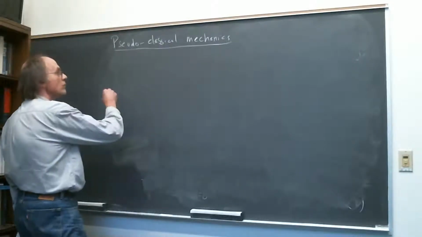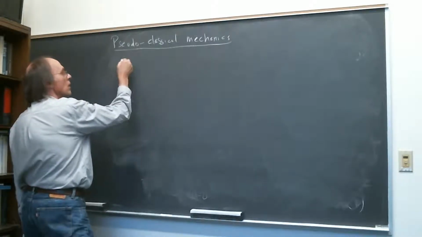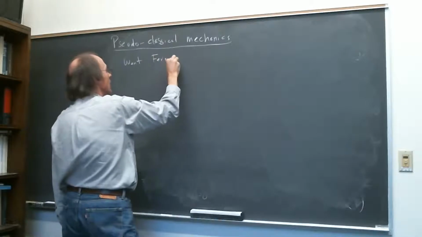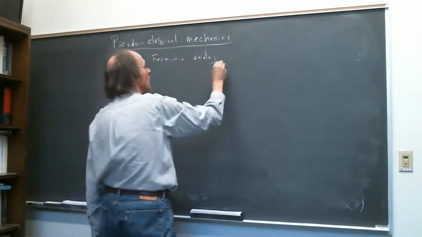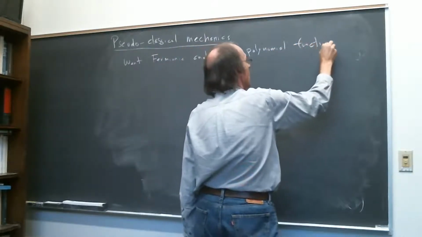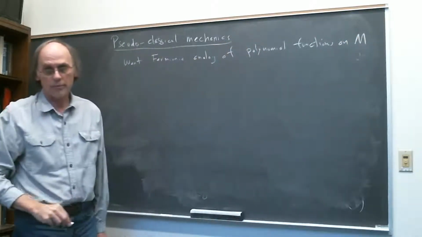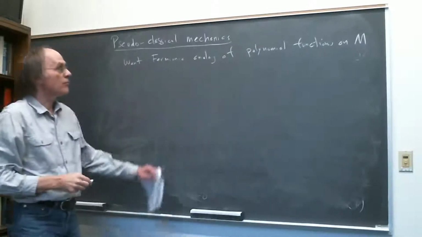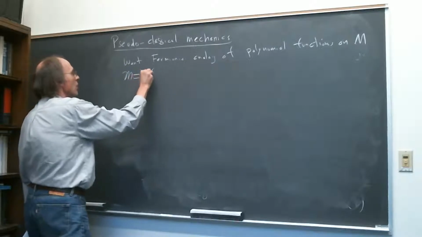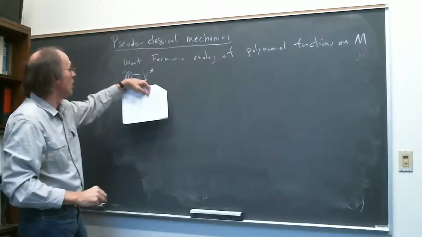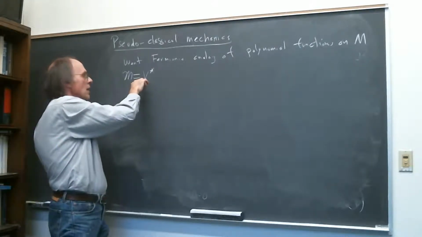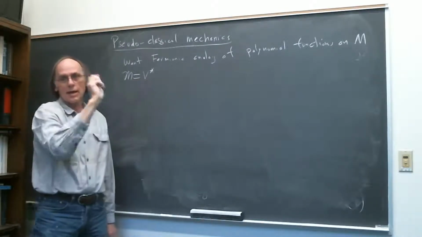So what we want is a fermionic analog of polynomial functions on the phase space M. In the bosonic case, M is the dual, and polynomial functions on M, the space of such things, is actually the same as the space of taking all possible tensor products of these and taking the symmetric piece.